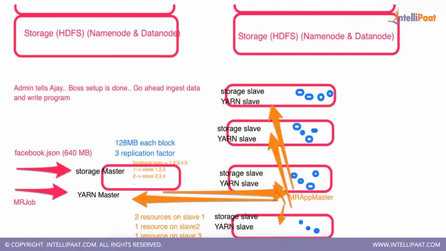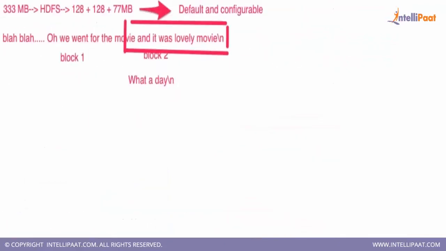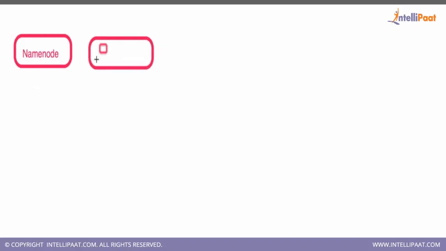No, I guess that's not the message. There are two concepts, so let's carefully understand so that we get this right. This is the name node, and you can protect it with a secondary name node.